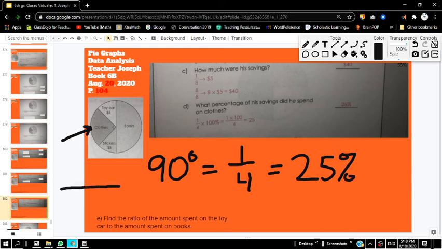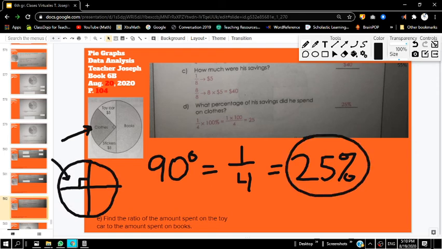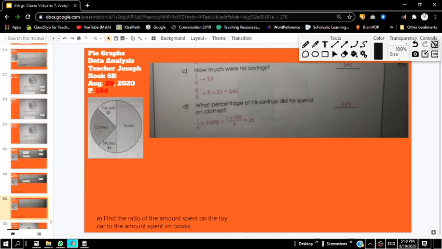If you show that in pictorial form, for example, this amount of clothes represents 1/4 or 25% of the total. This is 25% plus 25% plus 25% plus 25% equals 100% total. Okay? Let's do that last problem, letter E, and finish up this page.